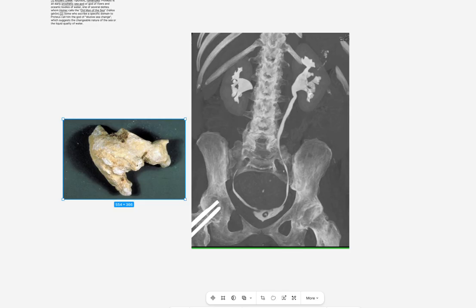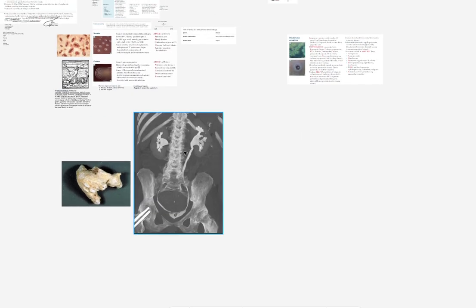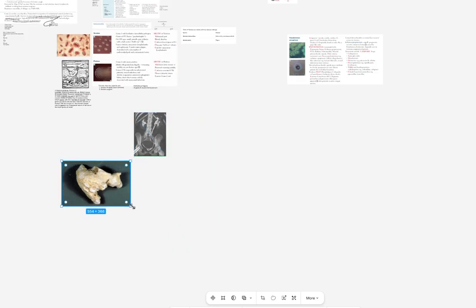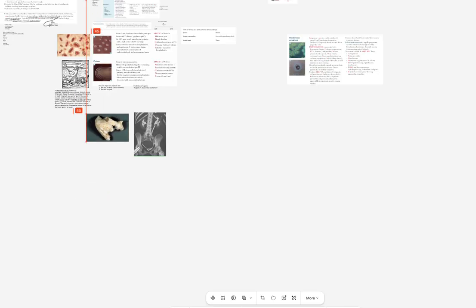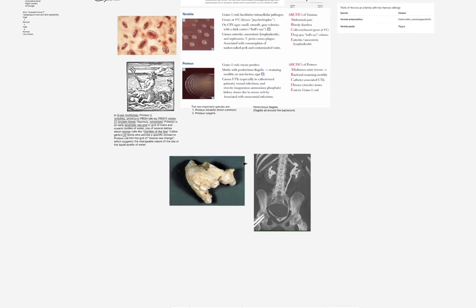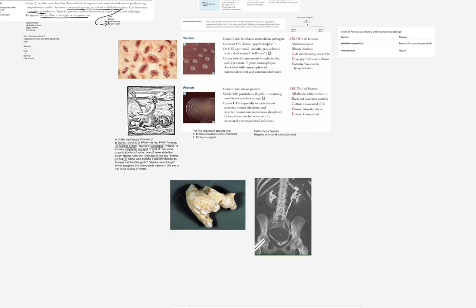They can become huge. They fill the entire renal pelvis. In a vignette, a catheterized patient develops recurrent UTI. His urine is alkaline. There's a large kidney stone. And your answer is Proteus mirabilis. They become huge and look like these staghorns.